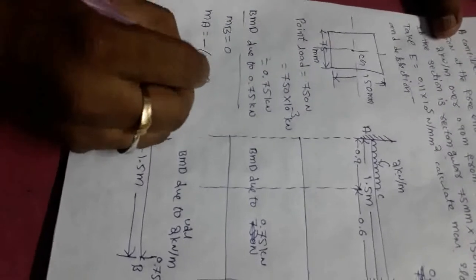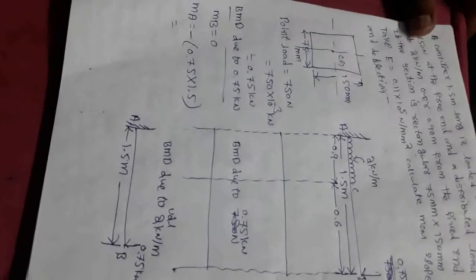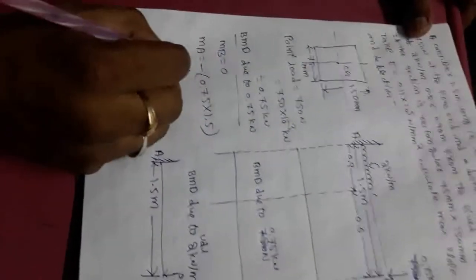So force is 0.75 into distance 1.5, and the answer is minus 1.125 kilonewton meter. Why? Because the force is in kilonewtons and the distance is in meters.